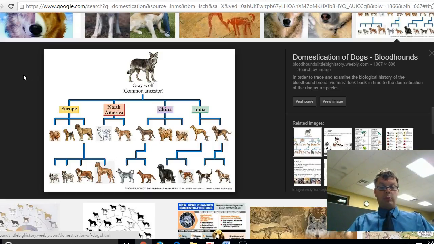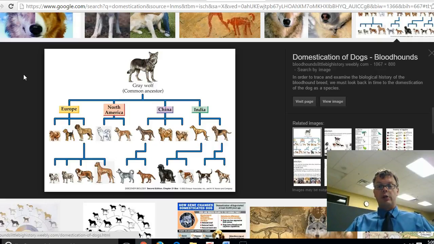What happened was, wolves used to attack human populations, and people eventually saw that if they could capture some of these little bit nicer wolves, they could breed them and start changing them a little bit until eventually they became the dogs that we had. They would use them for hunting. They would use them for protection against wolves. And eventually, over thousands of years, we have all the different breeds of dogs that we have today. But they have a common ancestor, which is the wolf.